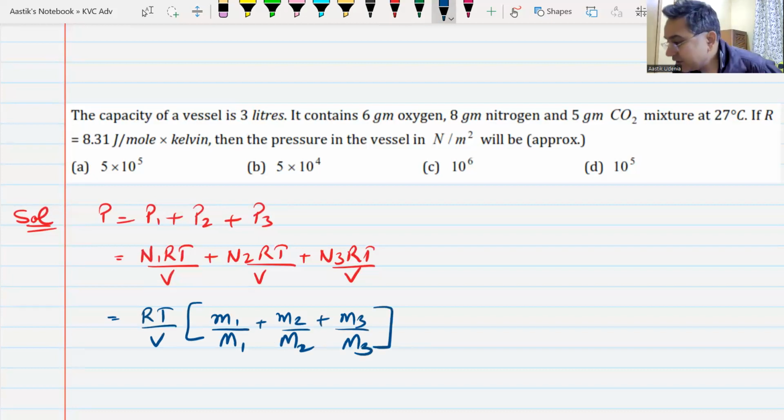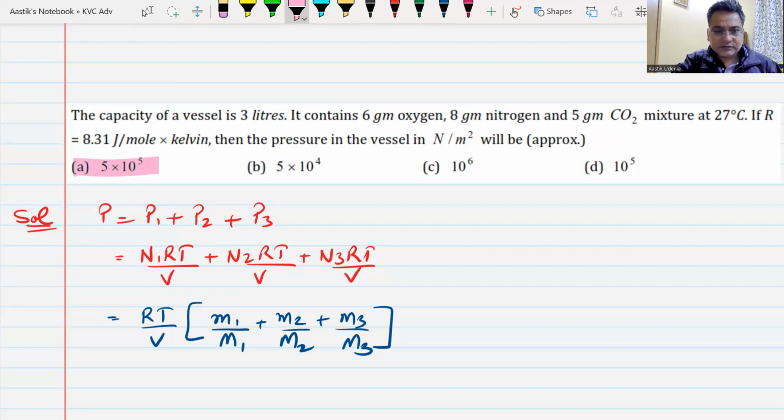Yes or no? You can put these values and get your answer. The answer given in the sheet is 5 into 10 raised to the power 5 Newton per meter square. I hope you would be able to calculate and get this answer.